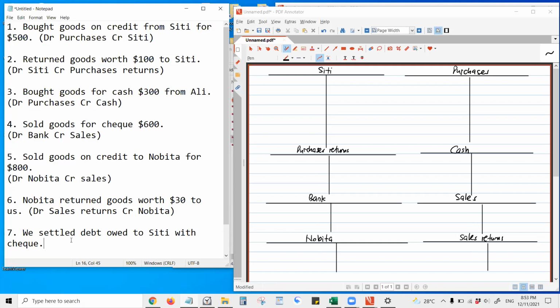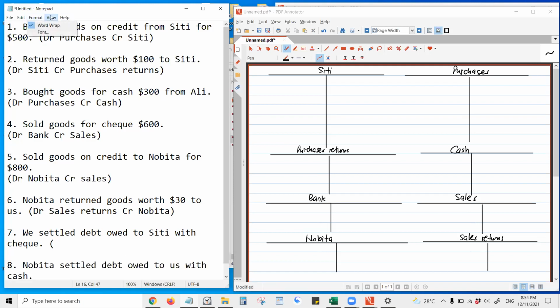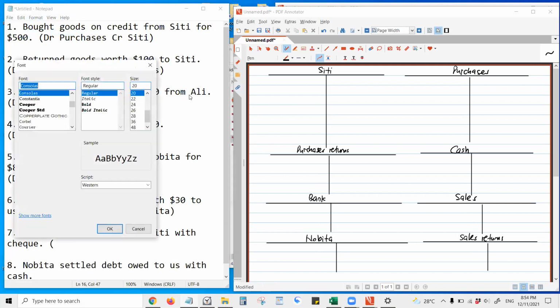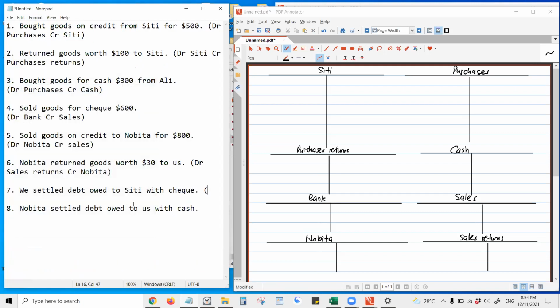Okay, last one. Sorry, not last one. This is the second last one, right? I make the word smaller so that I can have more space to write. Okay, 16. Okay, still can see, right? Okay. We settle debt owed to Citi with check. So you have to look at the transactions earlier.